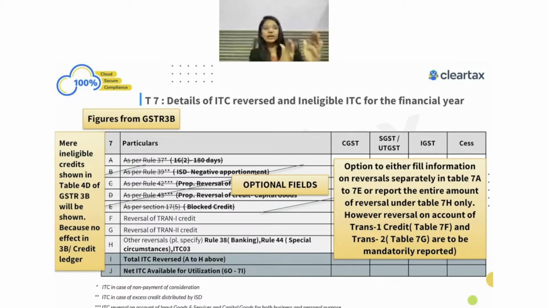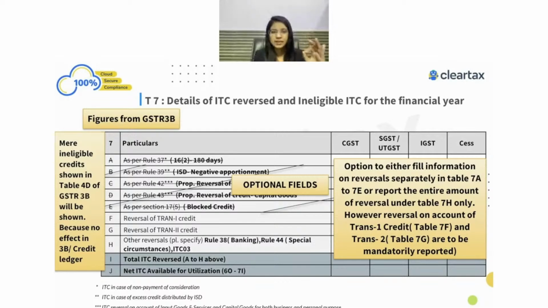But when we go to the previous year, because we are preparing GSTR-9 for FY 21-22, that new 3B change was not even there. So here, what we are saying is that if you have never shown the ITC related to the block credit, which means ineligible ITC as per 17(5) — assume that you have purchased a motor vehicle but you are not eligible to claim that ITC, or there were some purchases used for personal consumption — many times in our books of account we directly expense it out.